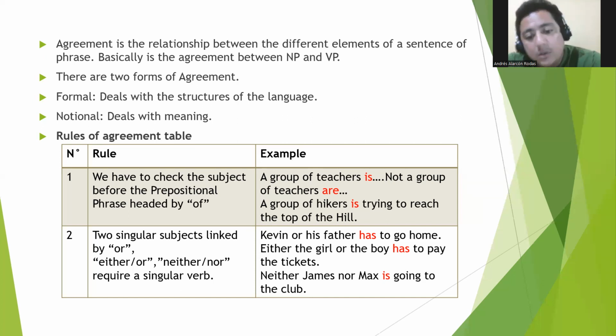Second example, either the girl or the boy has to pay the ticket. The same situation, we have either and or, either the girl or the boy, so we need to use a singular verb, in this case, has. And in the other example, I have neither James nor Max is going to the club. So I'm using neither and nor, so I have to use a singular verb, in this case, is.